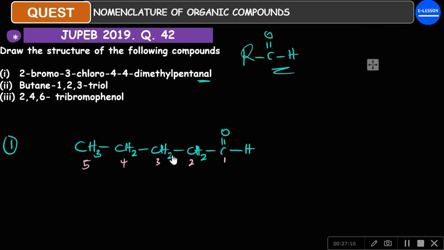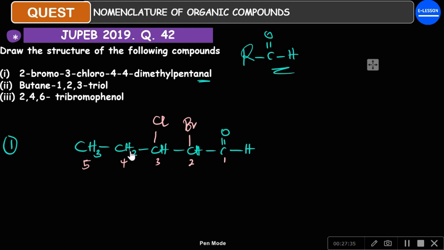Alright? So, now you were told that at position number 2, you have bromo. So, it means you erase one hydrogen from here and then put bromo. At position number 3, you have chloro. So it means you erase one hydrogen from here so that the valency of carbon will be balanced. Are you getting it? And then you have chloro. Now, at position number 4, you have dimethyl.